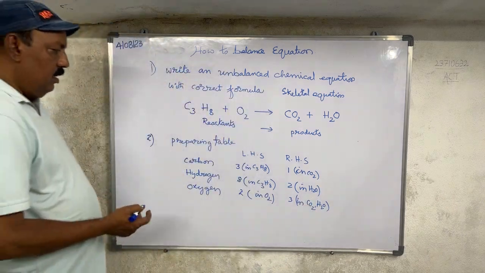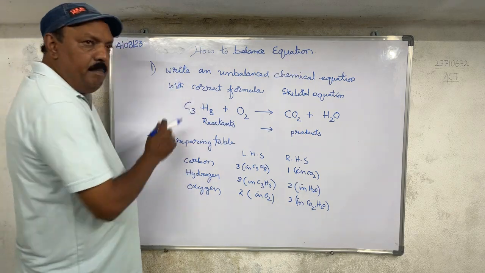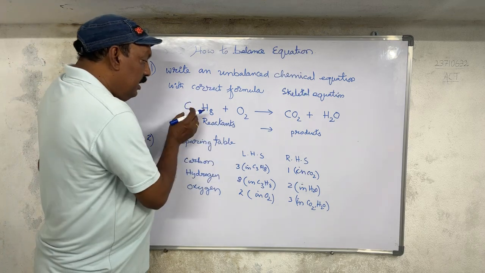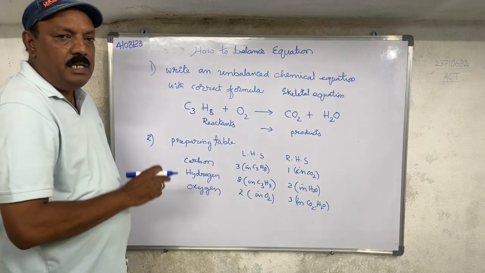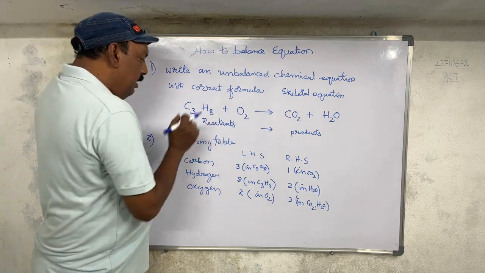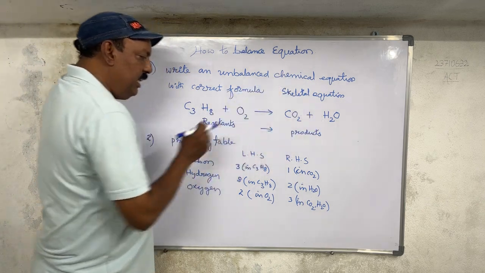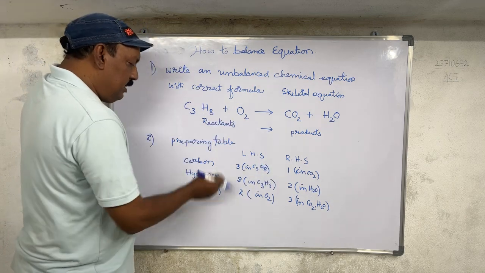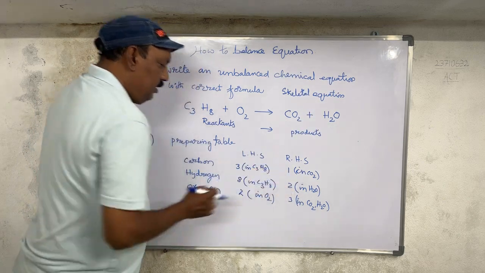Check this table. In the second step you have to show the table. 3 elements we are having. First element is carbon. In the left hand side 3 carbons are there, right hand side only 1 carbon is there, unbalanced. Hydrogens: left hand side 8 are there, right hand side only 2 are there, not balanced. And oxygens: left hand side only 2 are there, right hand side 3 are there.